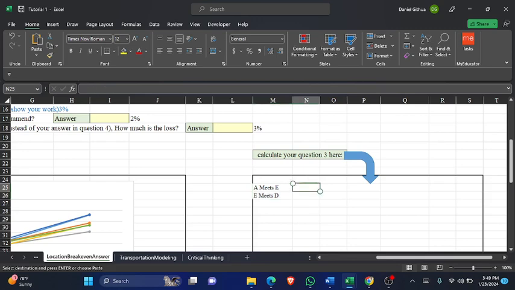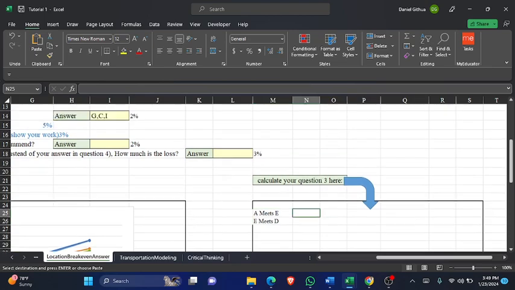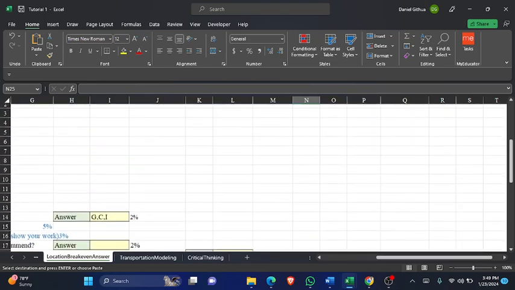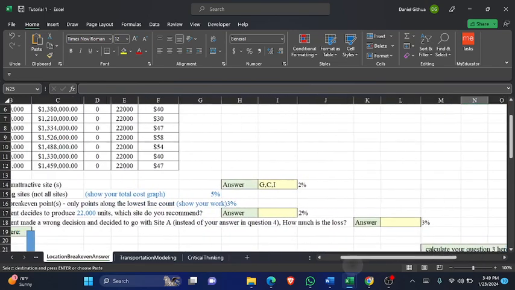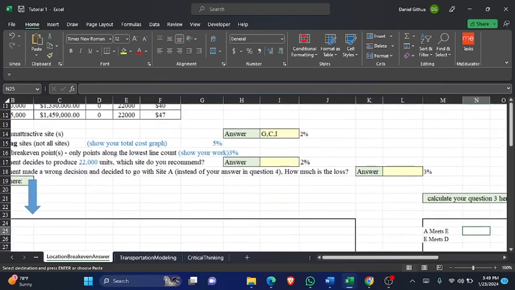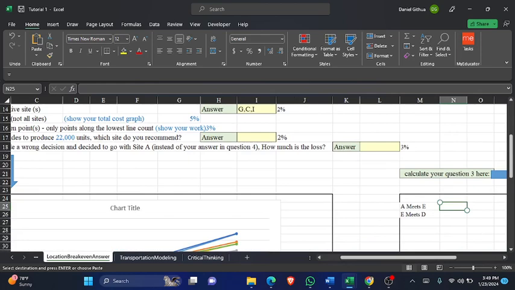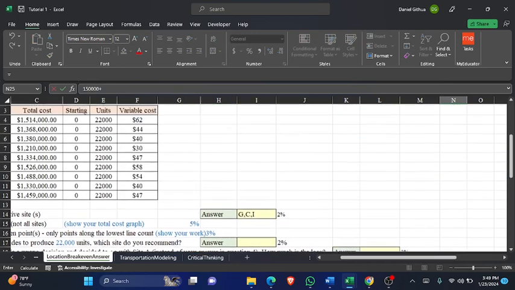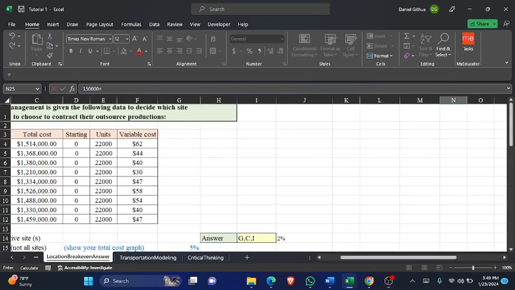So we just put here, what is the value for A? We check here. A is 150, so fixed cost is 150,000 plus what are the units? The units are 62. No, variable cost, sorry.